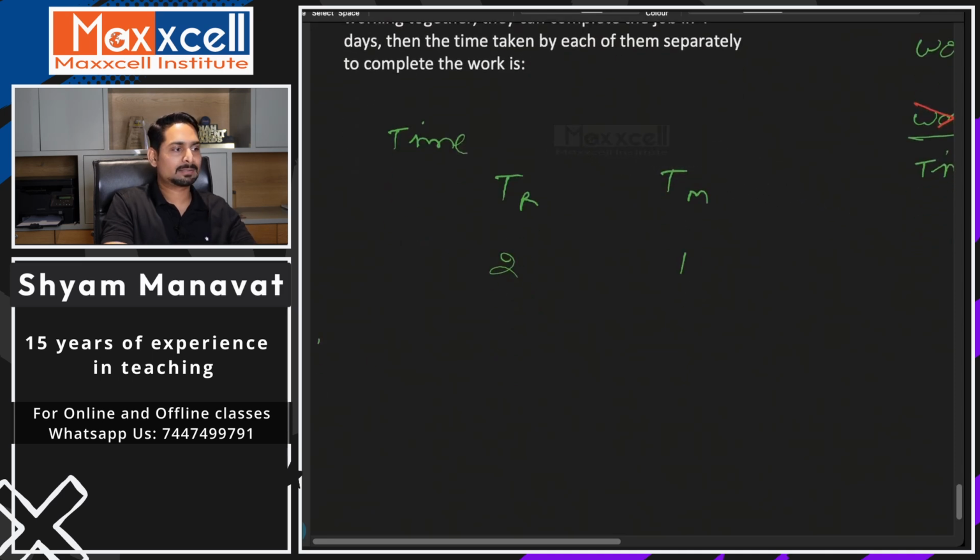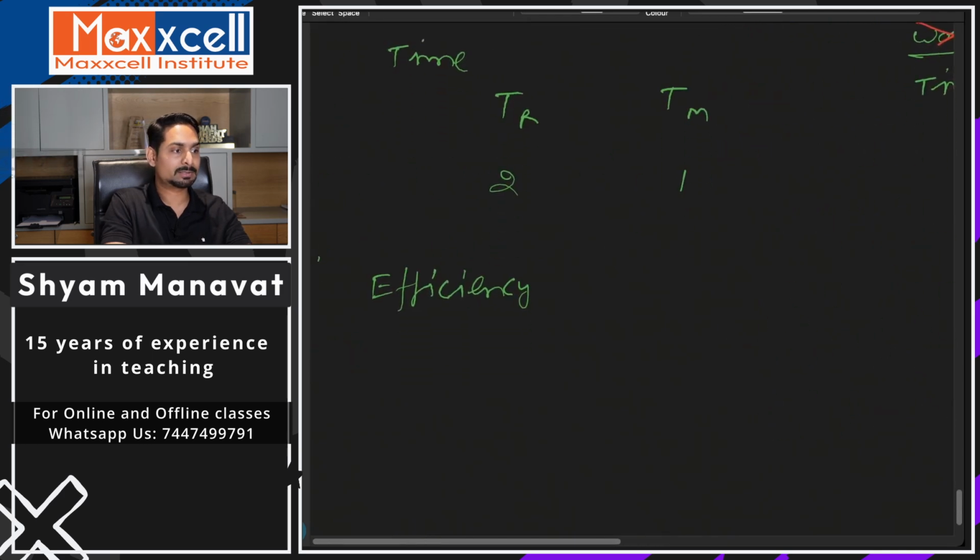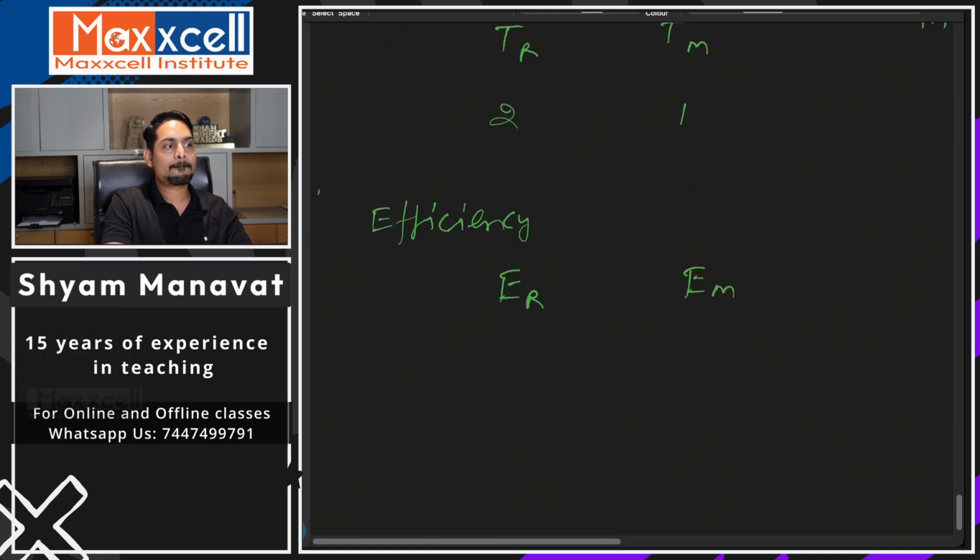In that case, if I compare efficiency, it should be reverse. Why reverse? Because time and efficiency are inversely proportional. Efficiency of Ramesh and efficiency of Mahesh: if I assume Ramesh's efficiency is 1, the efficiency of Mahesh should be 2.